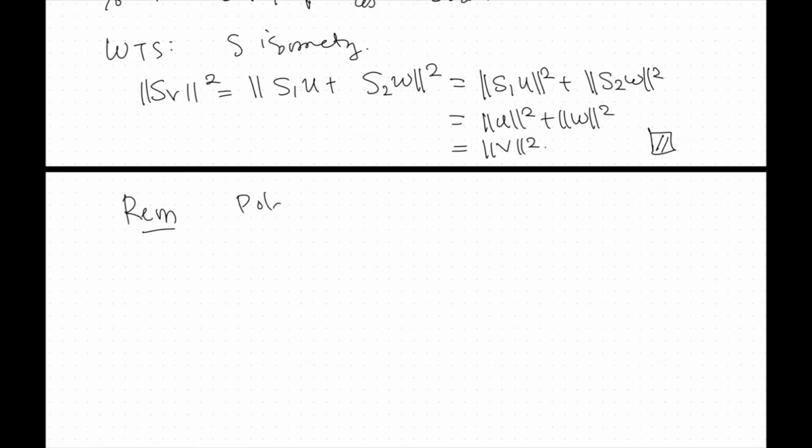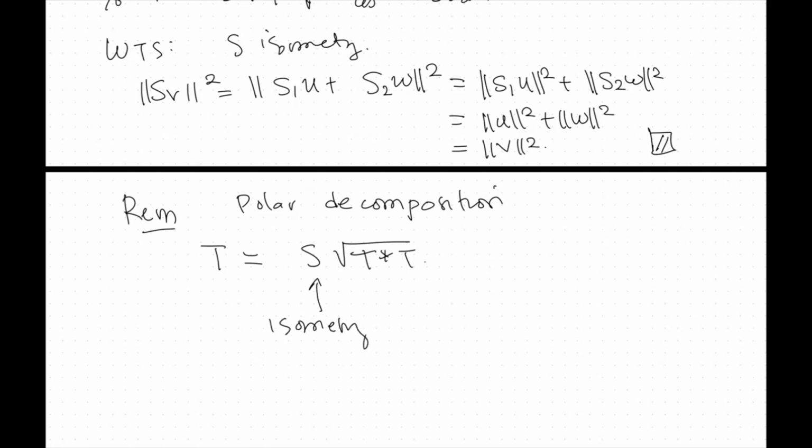Here, your polar decomposition expresses a linear operator T in V as a product of an isometry times the square root of T star T. This is an isometry, and this is a positive operator, or in the right term, non-negative operator.